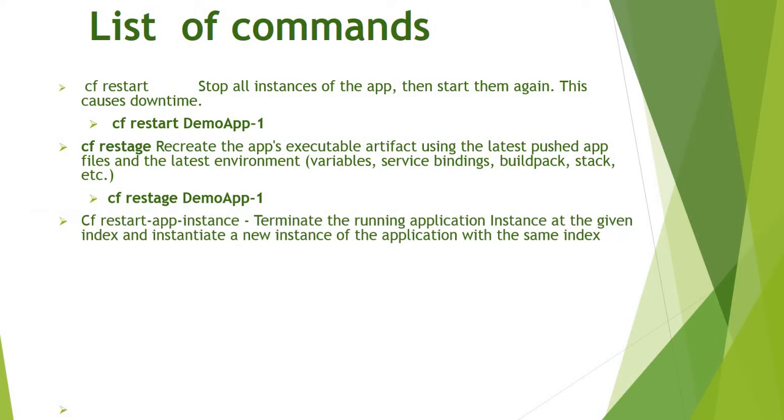For that we can use this command. Okay, cf restart-app-instance. If we want to stop and start a particular instance, suppose two instances are running for our application, we can restart a particular instance of our app as well. For that we can use this command. And cf events shows all events that happened around our application.